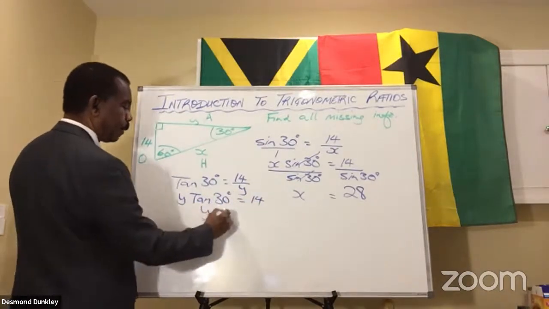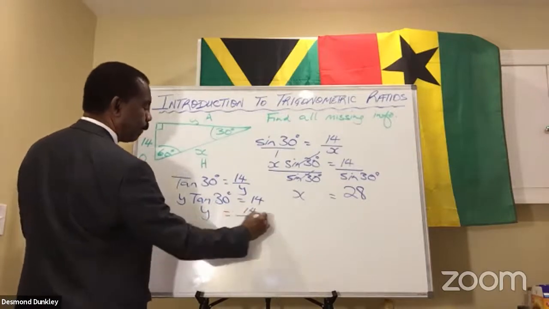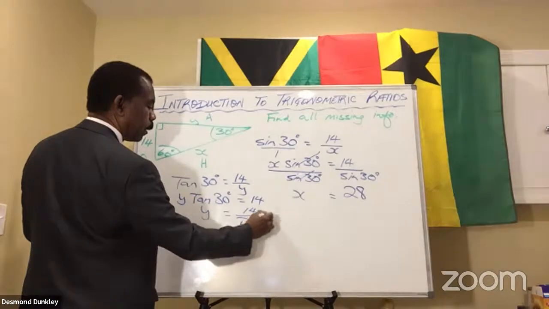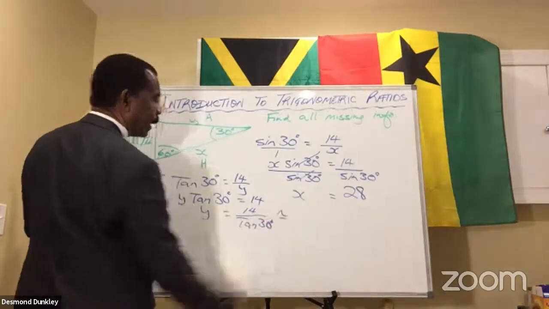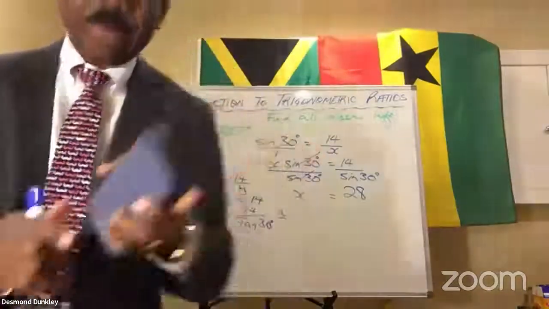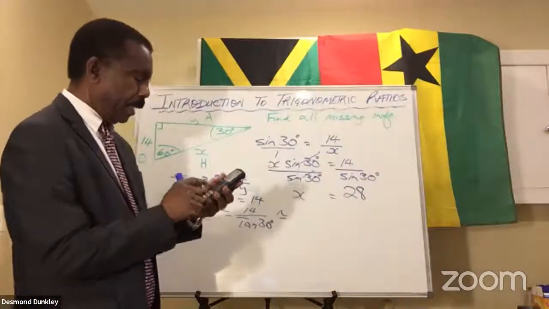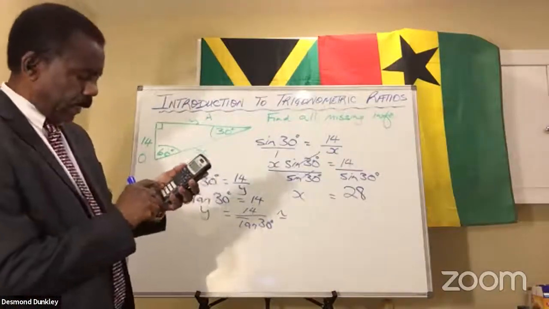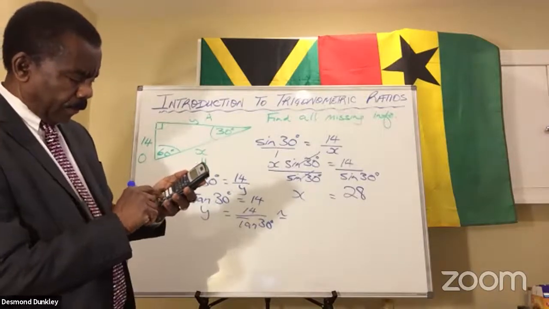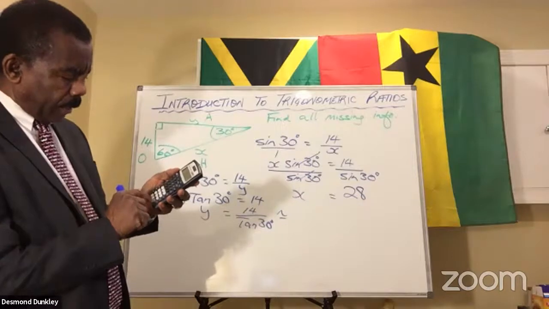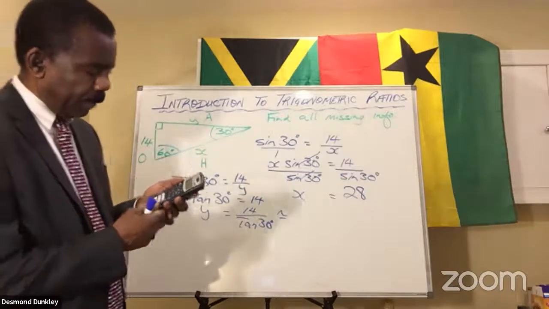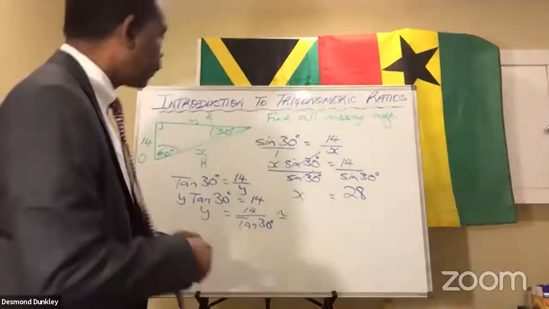So y is going to be equal to 14 divided by tan 30 degrees. And that's approximately equal to, again, we go to the calculator, clear, and do 14 divided by tangent of 30 degrees. And the answer is approximately 24.25.